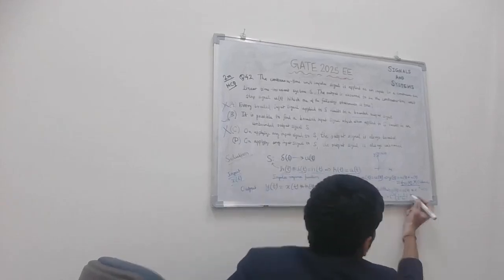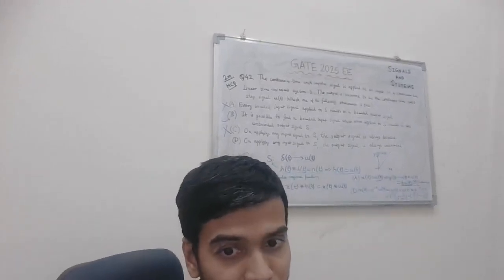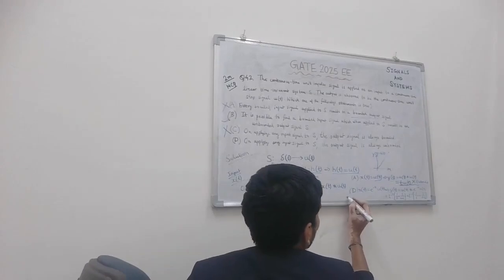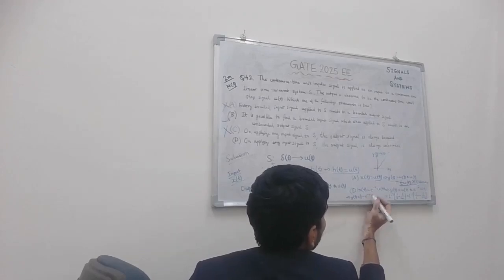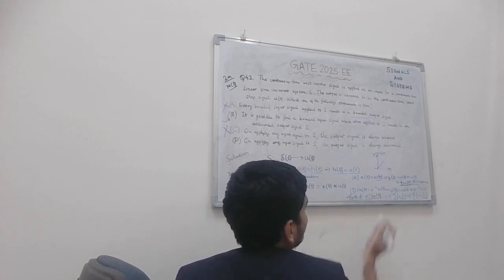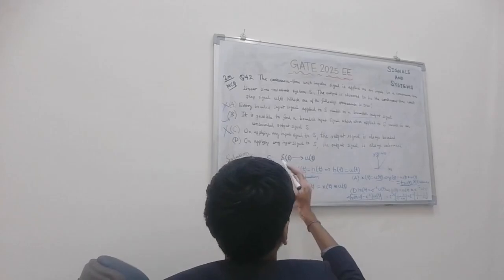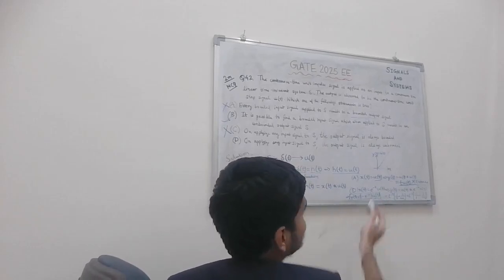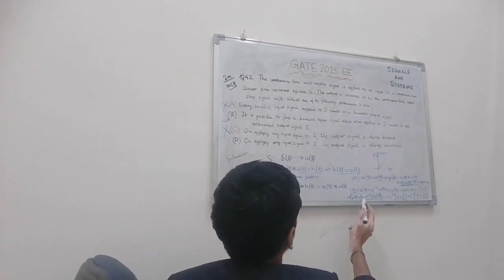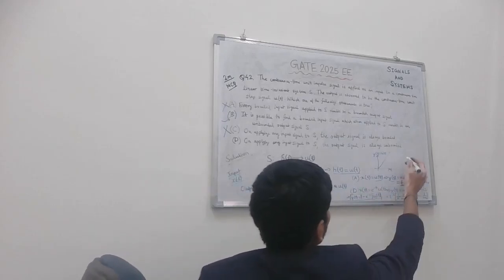So basically this will be the inverse Laplace of 1 by s minus 1 by s plus 1. So y of t is 1 minus e to the power minus t, times u of t, which is bounded. For this input, the output signal is not unbounded, it is bounded. It will be something like this.